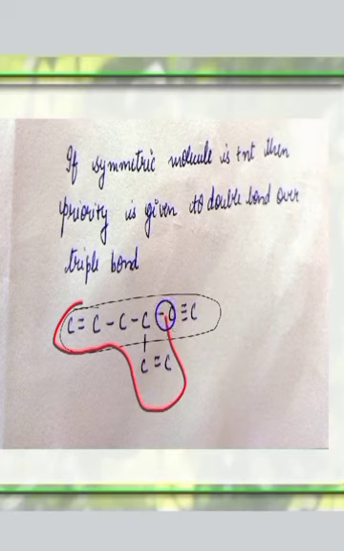Next rule is, if a symmetrical molecule is present, then priority is given to double bond over the triple bond. This means that in this compound two parent chains are possible. One is this and the other is this one. In this one, it has 1 and 5 unsaturation.